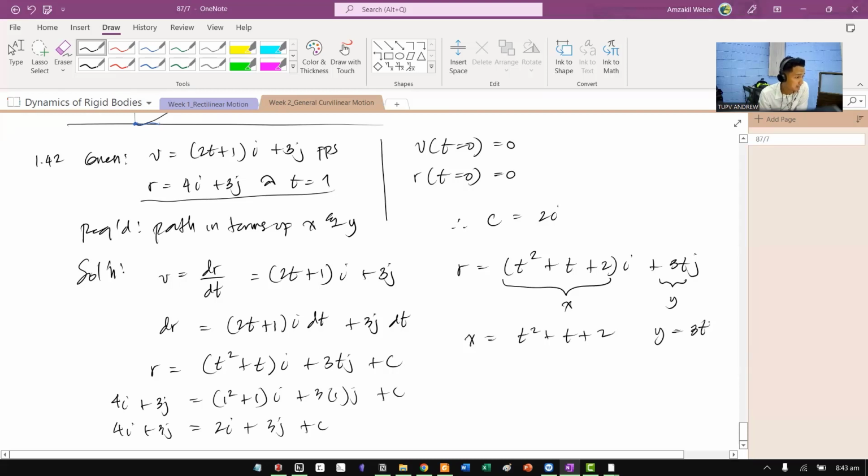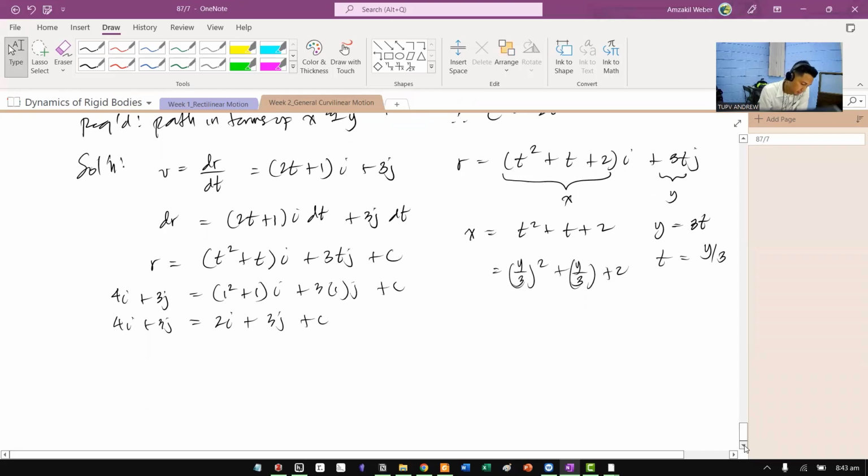Now, we are getting closer. What is shown is x and y, and luckily, our x and y displacements are both functions of time. So we can equate the two. Time, according to y here, is y over 3. So this would be x equals (y over 3) squared plus y over 3 plus 2. And let's simplify.